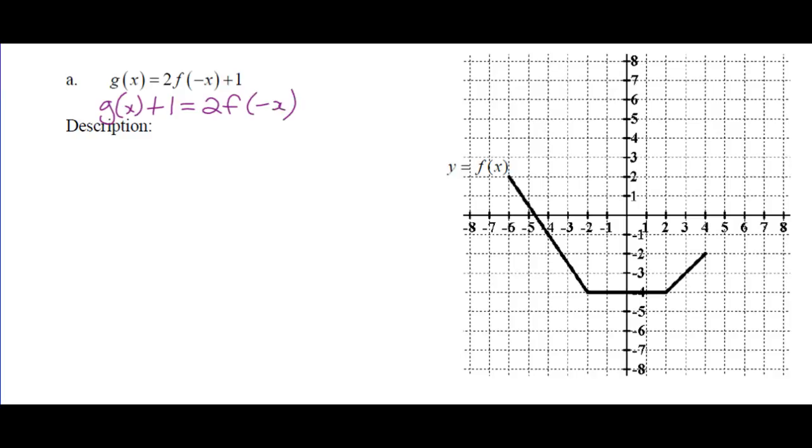Yes. All right. Horizontal stretch? Yes, no? No? Okay, I'm going with no. Vertical stretch? Oh, wait a sec. We should probably pull this out.